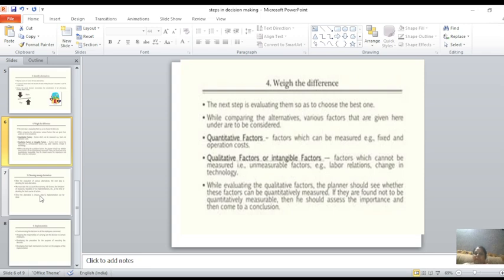For example, labor relations, changing technology. We can measure purchase and operation cost. While evaluating the qualitative factors, the planner should see whether these factors can be quantitatively measured. If they are found not to be quantitatively measurable, then he should assess the importance and then come to the conclusion. This is the fourth step.